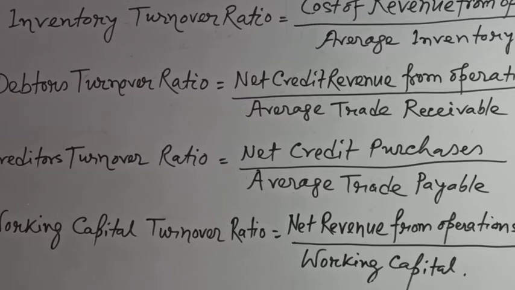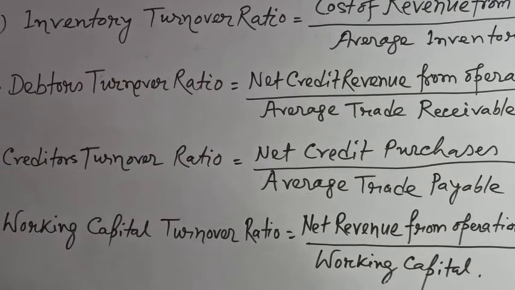This is important. This shows the average number of days for converting debtors into cash. Low average collection period is always favorable for the business. Okay.